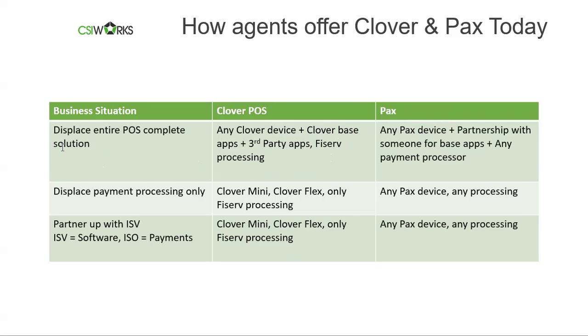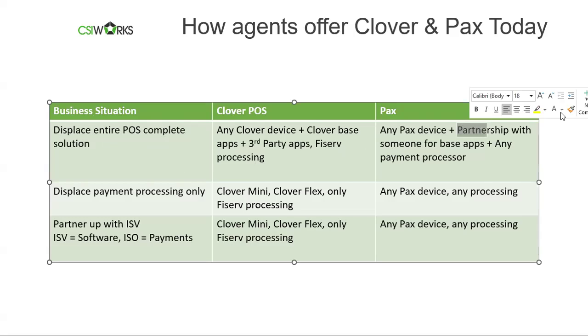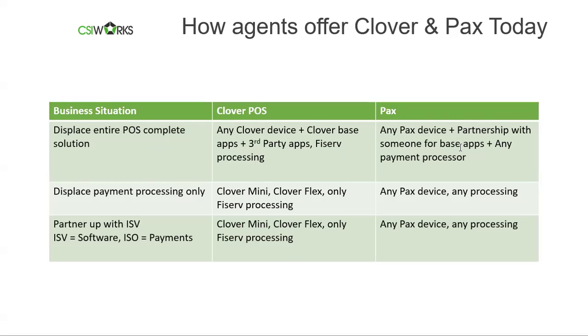Okay, so same thing, displacing the entire POS for a complete solution with PAX. An agent can utilize any PAX device, but then needs to partner up with someone for base apps. They can go develop their own, but because mostly we're talking about sales organizations, they don't today.